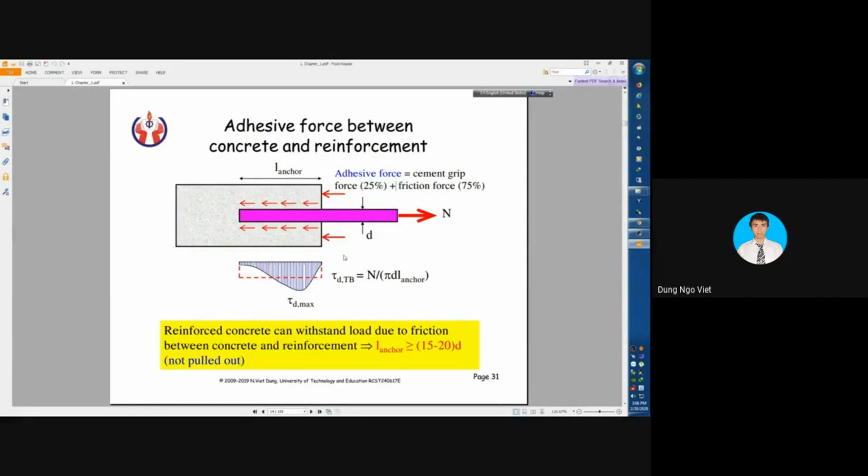So reinforced concrete can withstand loads due to the friction between concrete and reinforcement. And we can calculate the anchorage length. This is the anchorage length. It's about 15 to 20 times the diameter of the reinforcement.